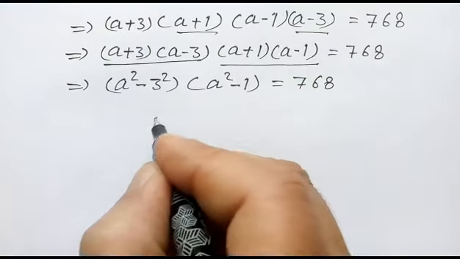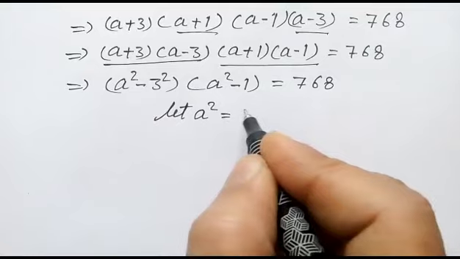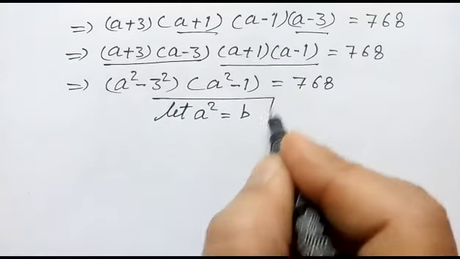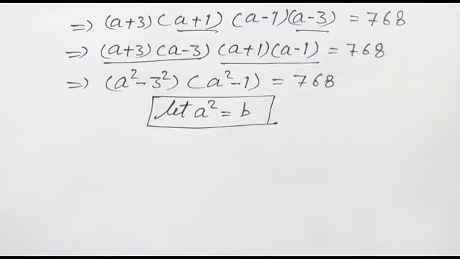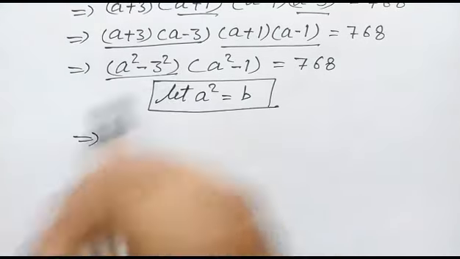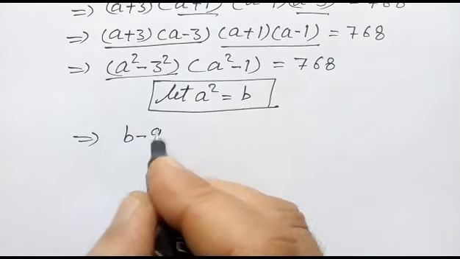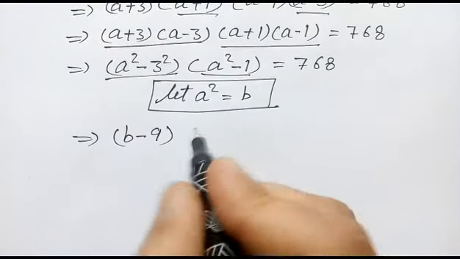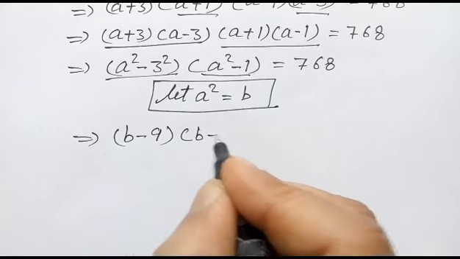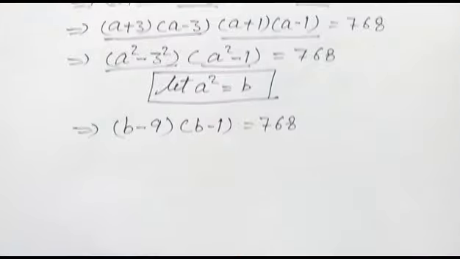Okay, again let a square is equal to b, right? So this can be written as b minus 9 and this as b minus 1 is equal to 768.